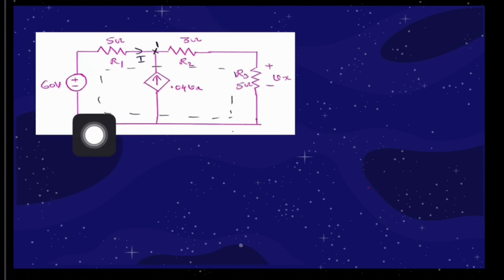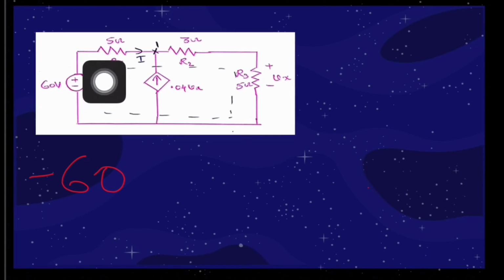Starting at this point in clockwise direction, first we observe the 60 volt source with the polarity mark minus plus. So we start our KVL equation with minus 60. Then the voltage drop across this 5 ohm, which is nothing but I into 5. Correspondingly, we add a term 5I to our KVL equation.